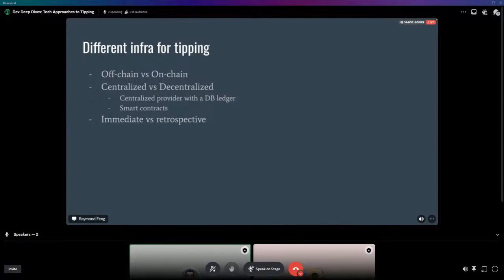I know some of the service providers actually use a spreadsheet to maintain the balances for each of the accounts. So that's the centralized provider approach, which requires a trusted middleman that facilitates the transaction and keeps itself honest about the balance for each of the transactions and each of the accounts.